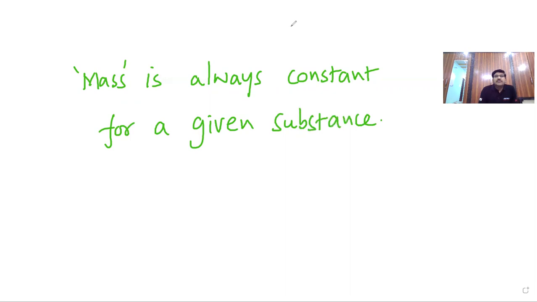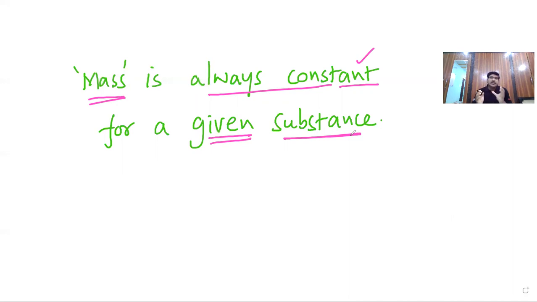Be careful about this sentence. Mass is always constant for a given substance. That means if you take a substance, for that particular substance, the amount of matter present in it is always constant.